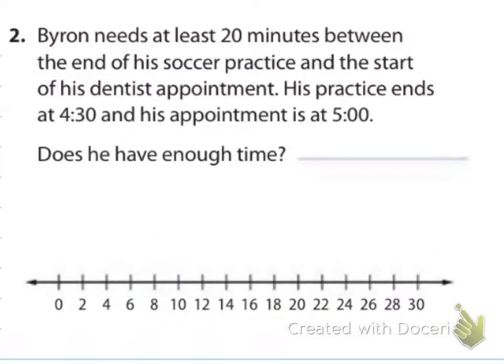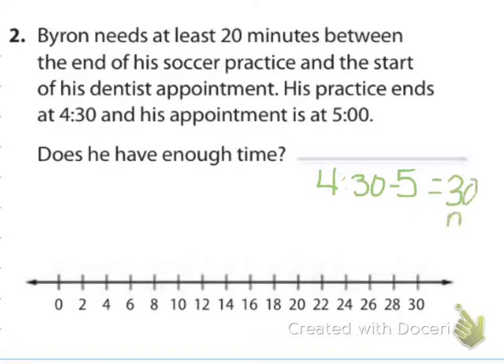I don't know. Number 2, Byron needs at least 20 minutes between the end of his soccer practice and the start of his dentist appointment. His practice ends at 4:30 and his appointment is at 5. Does he have enough time? I think the first thing we need to do is figure out how much time that is. If we've got 4:30 to 5, how much time is that in minutes?